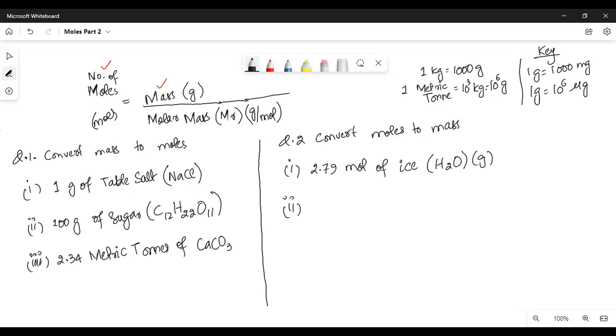Okay, so this time let's go with something different. 3.78 into 10 raised to power minus 3 moles of glucose, and the formula for glucose is C6H12O6, and we need to convert them into kilograms.